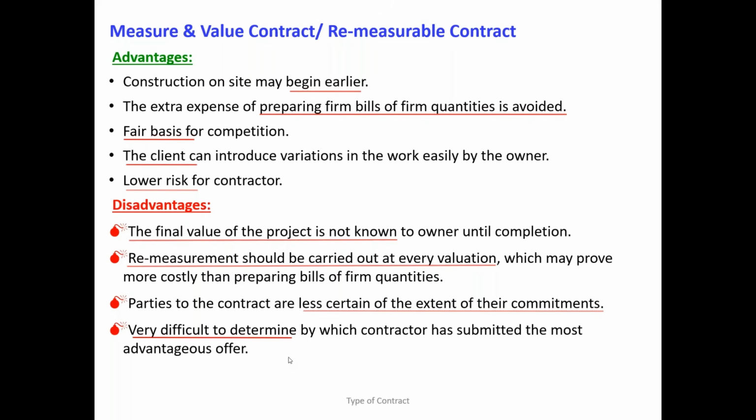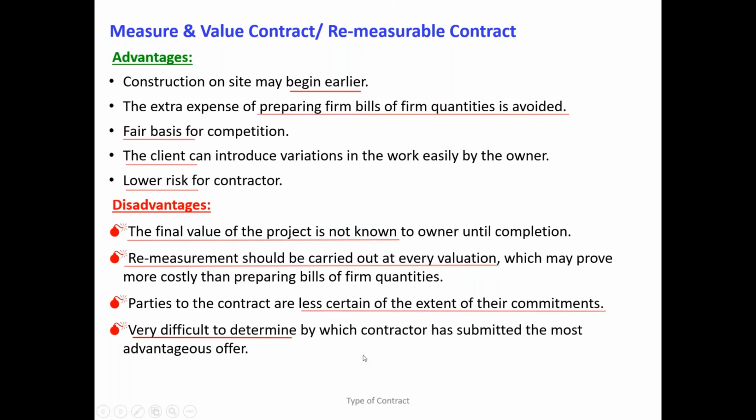So the amount represented by the measure and value contract BOQs really cannot define the final contract value. So as a QS you have to evaluate each and every rate of the bidders in order to determine who is the lowest bidder or the most beneficial bidder to the client. So that is kind of challenging compared to the lump sum contract.